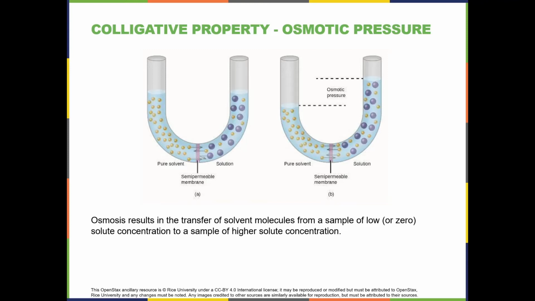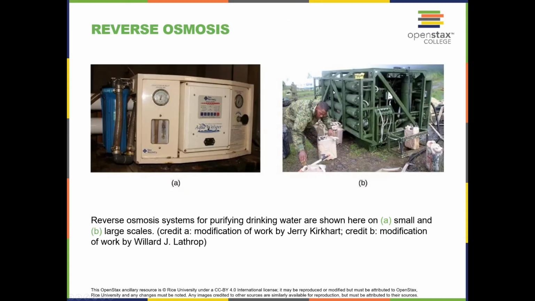So the osmotic pressure is not infinite. We can't just continually have solvent flow in this direction forever. It'll eventually reach an equilibrium where the rate of solvent flow in this direction and this direction become equal, and we can measure the height difference here as the osmotic pressure.